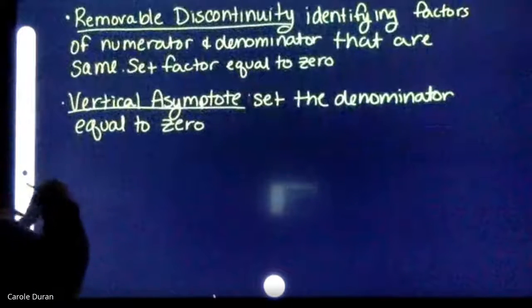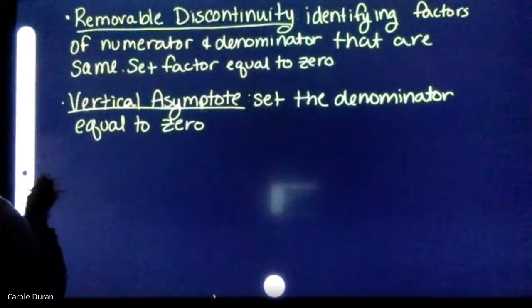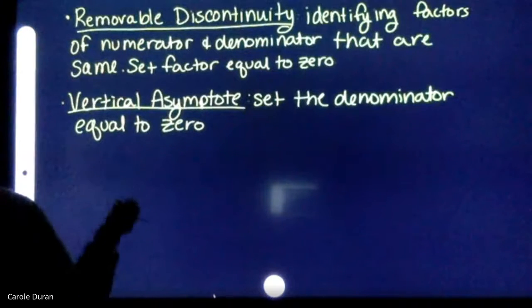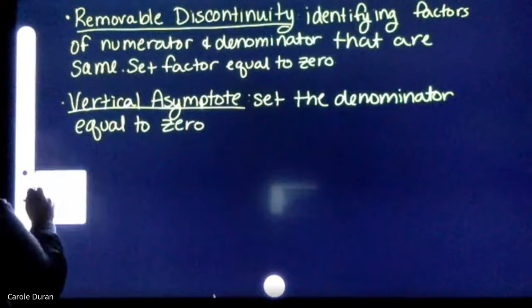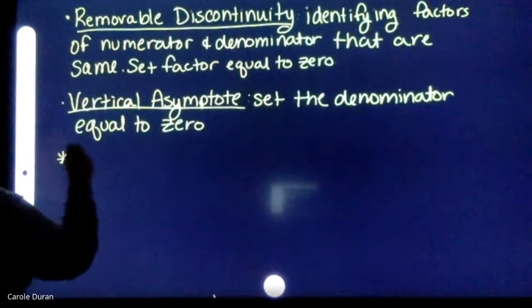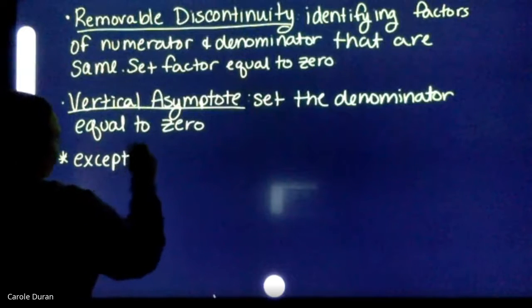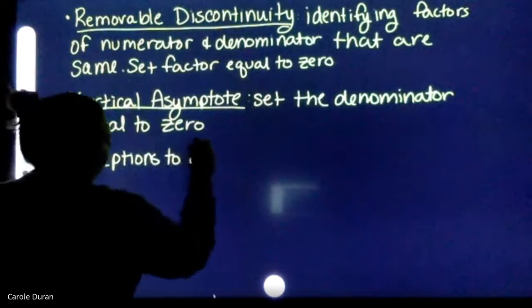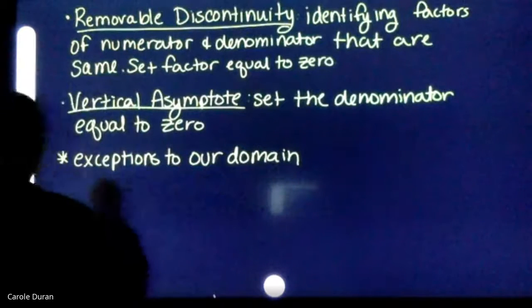Okay, after the removable and the vertical, we can go ahead and test for our horizontal and oblique asymptotes. It is important to note that both of these, the removable and the vertical, are exceptions to our domain. So these are numbers that are not included in our domain.